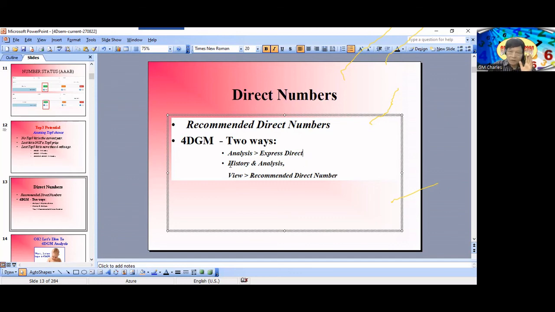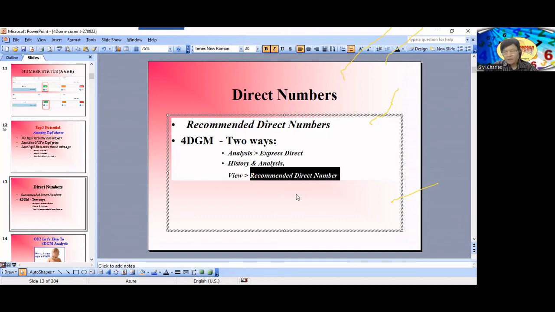The other place you can look for direct number is under the history and analysis module. Now in this module, there's one view button, right? You click on the view button, there's a drop down menu of 4 or 5 other sub menus. There's one called recommended direct number.